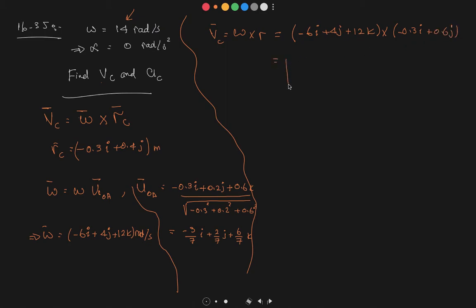So here we have i, we have j, and we have k. This is positive, negative, positive. So omega then r. So omega was minus 6, the j component was 4, and the k component was 12. And r has only two components in the i and j, minus 0.3 and 0.4.